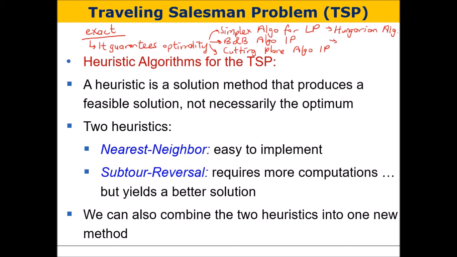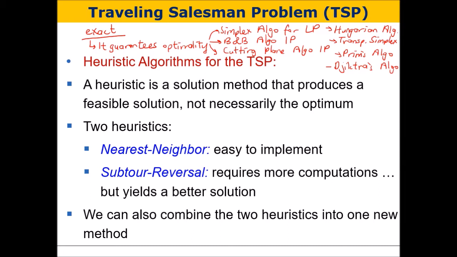The transportation simplex method also finds the optimal solution. For minimum spanning tree problems, Prim's algorithm provides the exact optimum solution. For shortest path problems, Dijkstra's algorithm is exact as well. So these algorithms are exact algorithms.